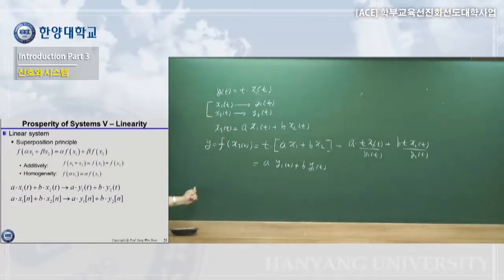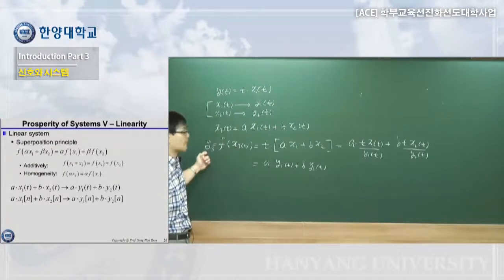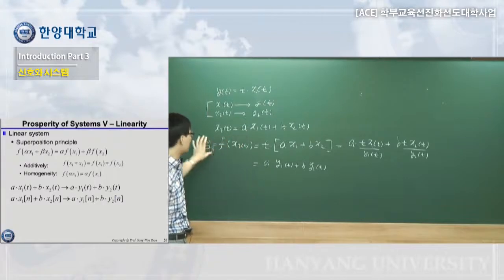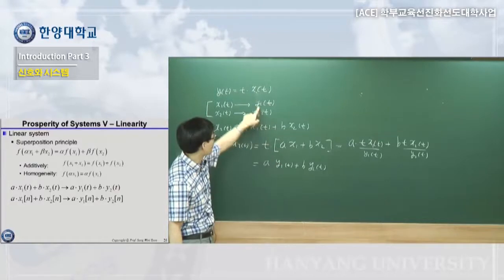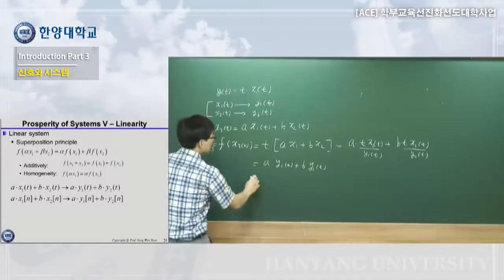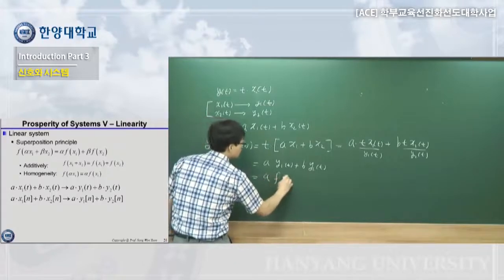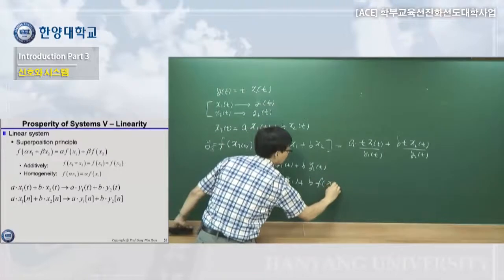This is y3, the output of x3(t), which is A times the function of x1 plus B times the function of x2.